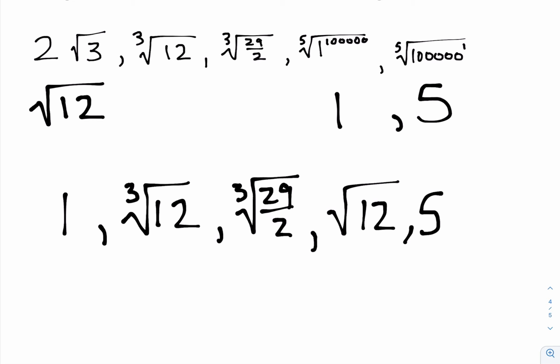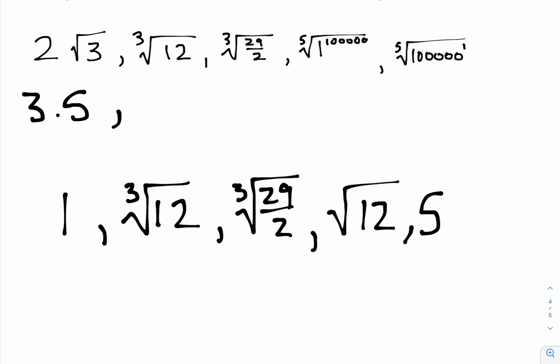Okay, so let's do 2 root 3 first. I'll write it just below them. That's going to be 3.5 approximately. Okay, the cube root of 12, so 12 to the power of 1 over 3, is 2.9.